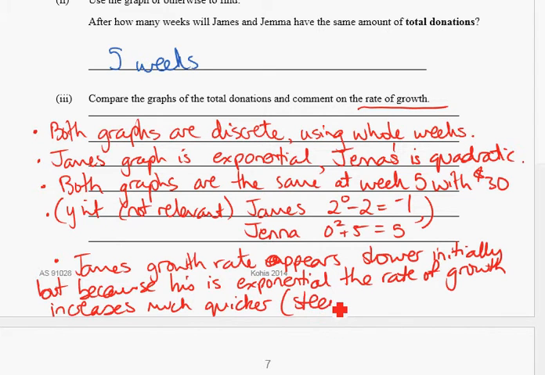And of course that gives a steeper graph than Jenna's.